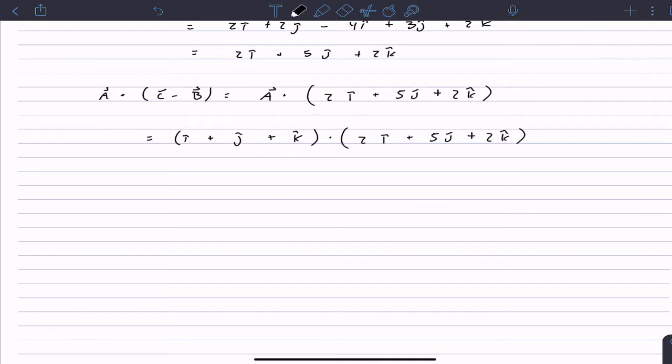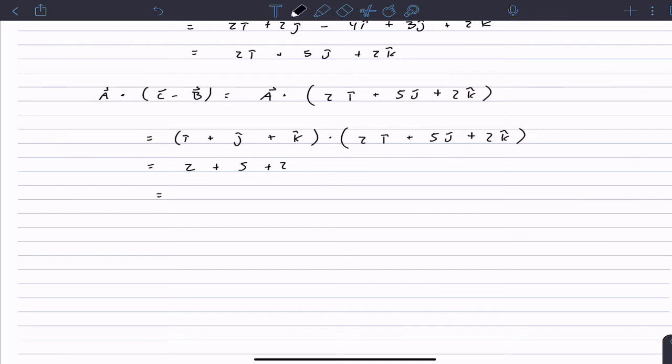Likewise with dot products, we do the same thing as with arithmetic for vectors: the operation only goes in the same direction. So here we go, 2 times 1 for i hat, that's 2. Plus 5 times 1 is 5. Plus 2 times 1 is 2.